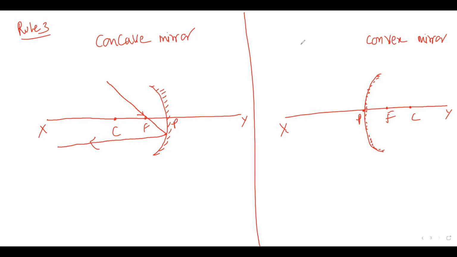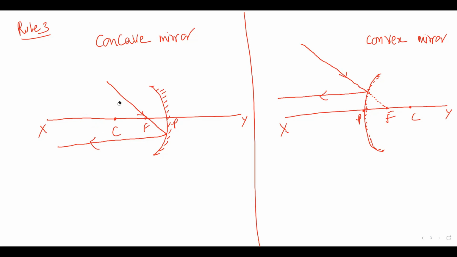Any ray moving towards the focus of a convex mirror, after reflection, it will become parallel to the principal axis. That's it. Hope you understood this.